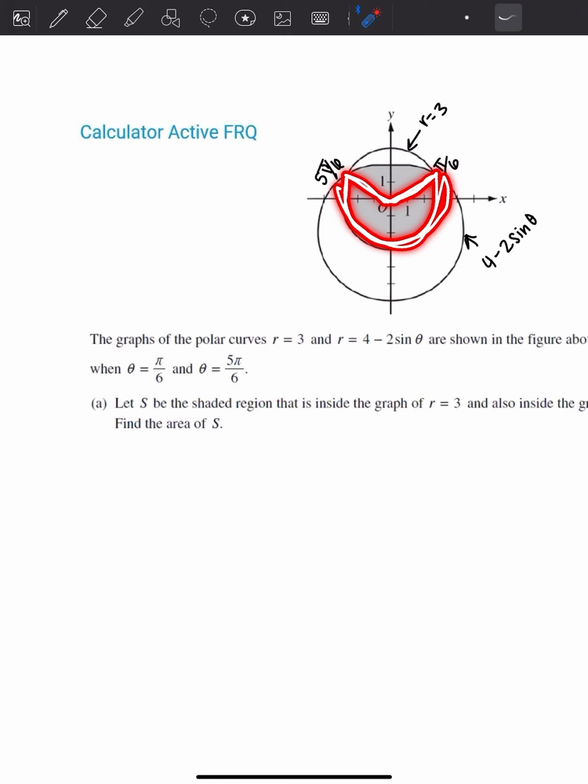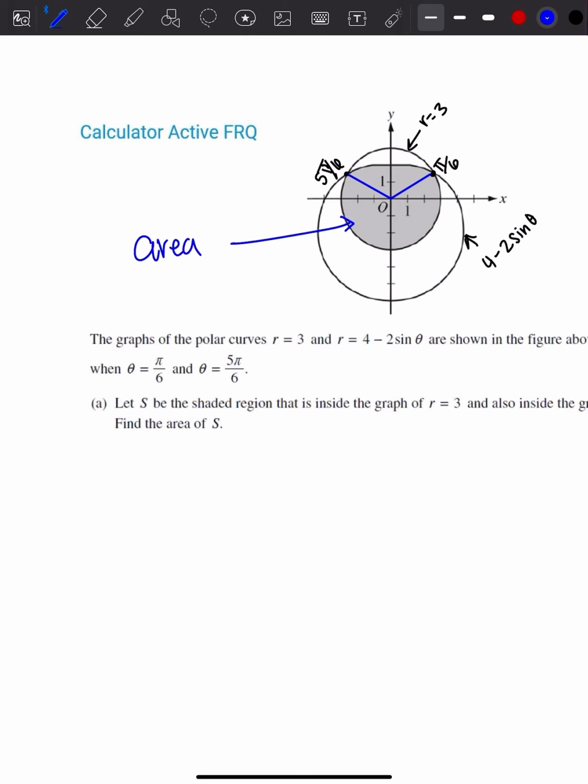The part that gives us trouble is this part. So we're going to have two areas here. We have the area of a circle, and we have the area of our sector. So this is that overlapping area.